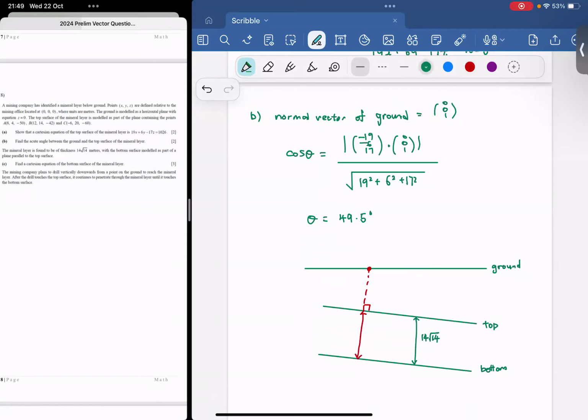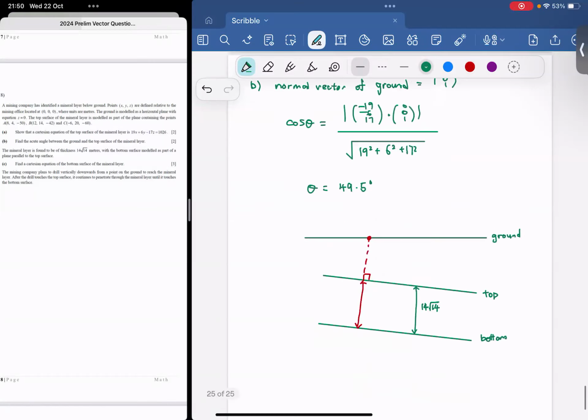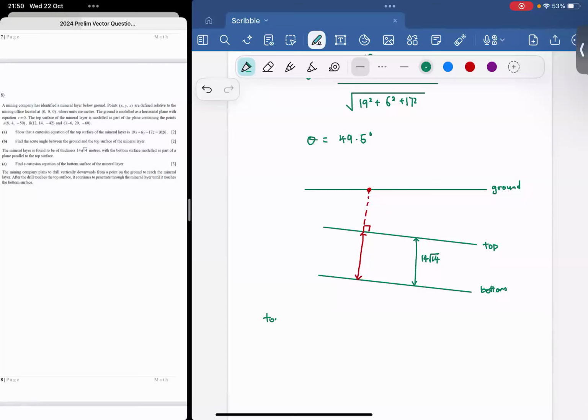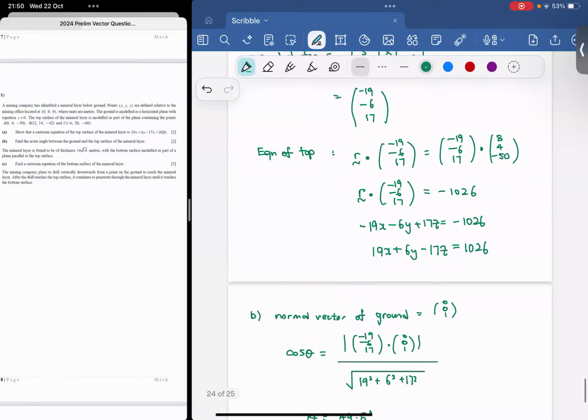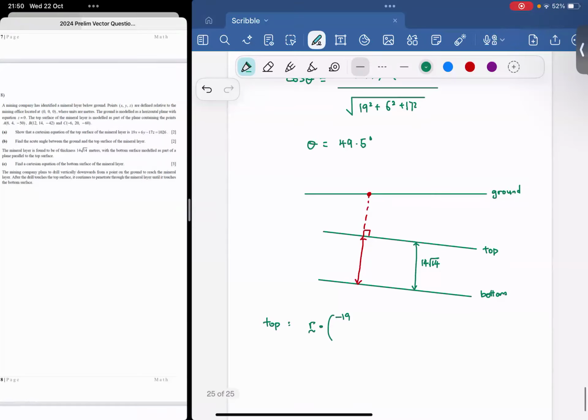Okay, so first thing first, before we can do that, what do we need to do? We need to change it to a unit vector. So the top equation is r dot negative 19, negative 6, 17 equal to negative 1026. So we have to divide by the magnitude. 19 squared plus 6 squared plus 17 squared equals 686, so the magnitude is square root 686.